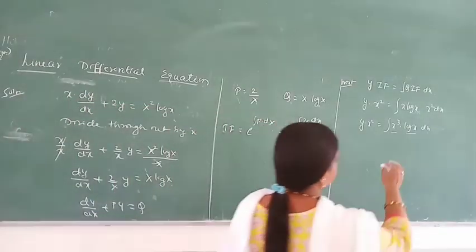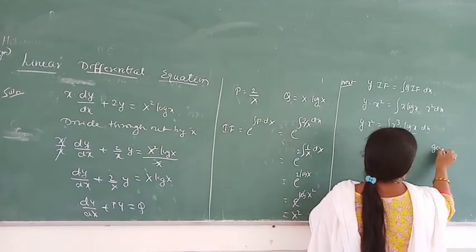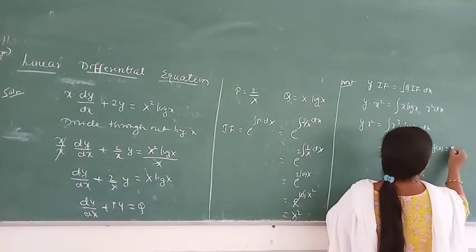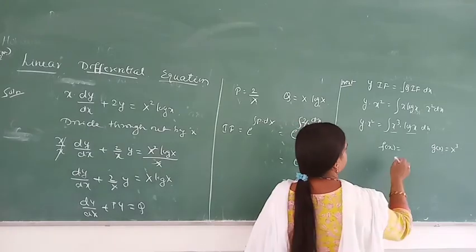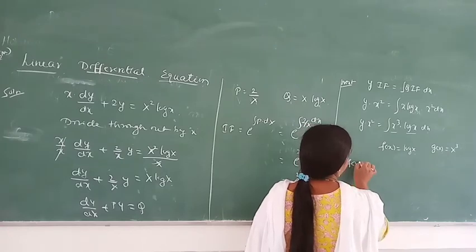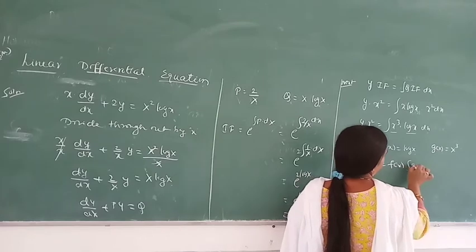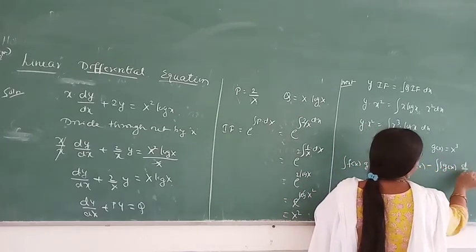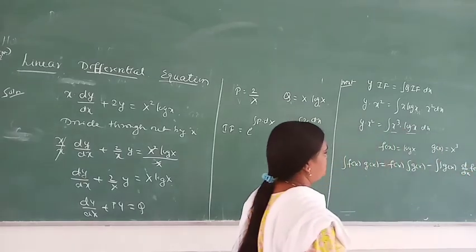See, in this case we take g of x as x cube because we can do its integration, and f of x as log x, because we can do its differentiation. And we have the formula: integration of f of x into g of x is f of x into integration of g of x minus integration of integration of g of x into d by dx of f of x, with respect to x.